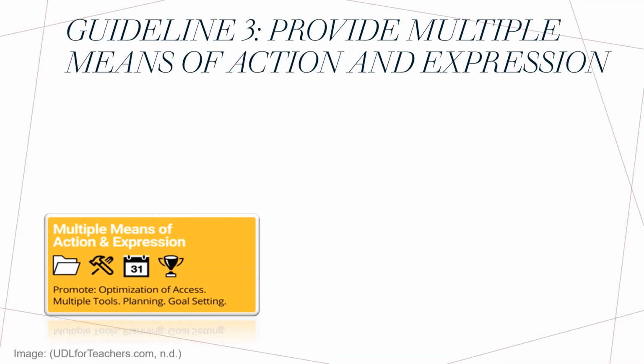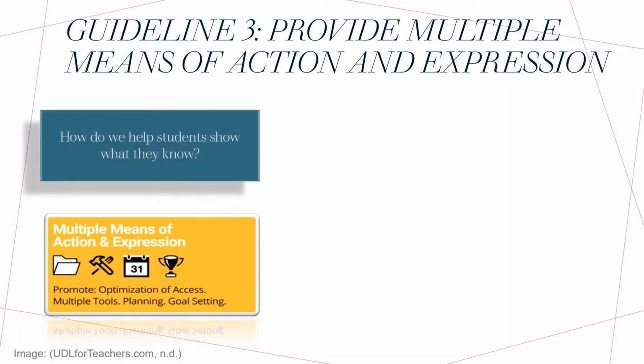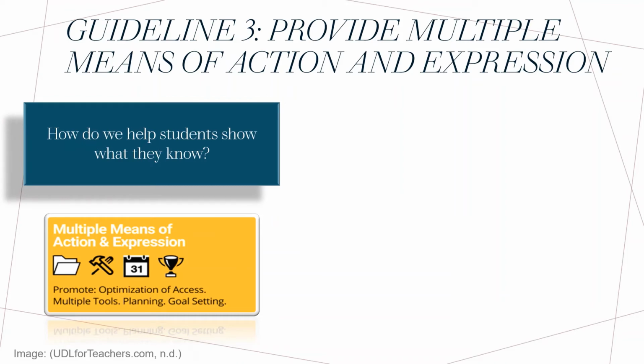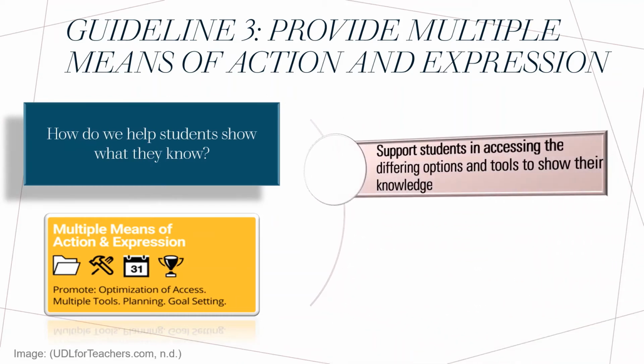Guideline number 3 was to provide multiple means of action and expression. So how do we help students show what they know? We can support students in accessing the differing options and tools to show their knowledge. Remember, just because they're given the choice does not mean that they necessarily know how to engage with that choice.